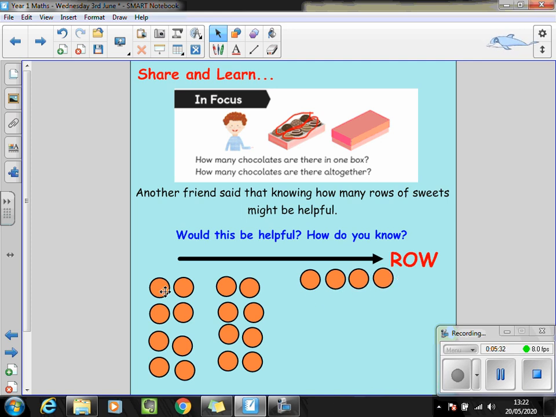There's 1 row of 4. Two rows of 4. So that's my first box of chocolates. And then I obviously know that there is a second box of chocolates. So I need to make another 2 rows of 4 to represent those chocolates.